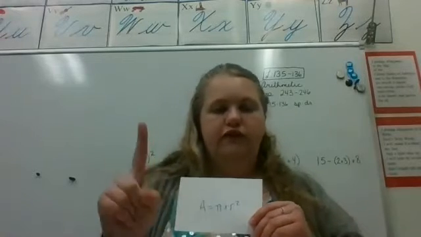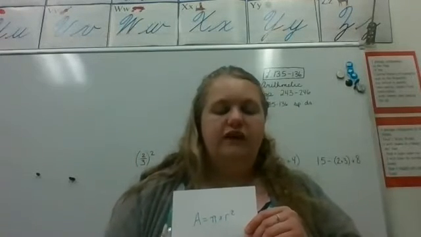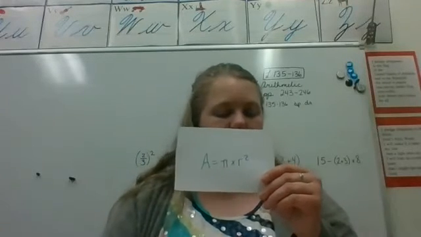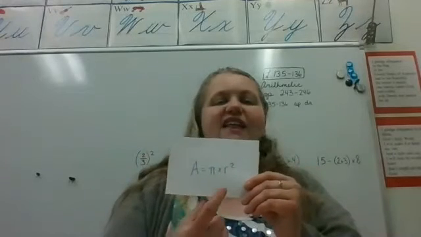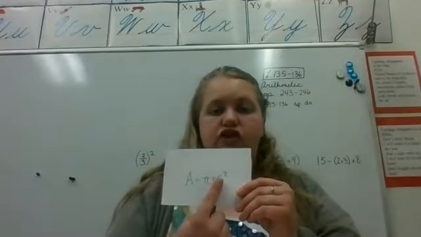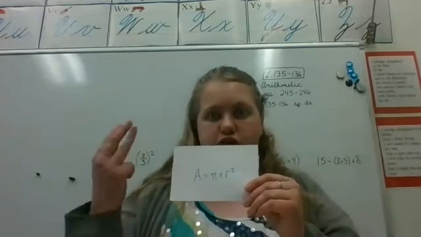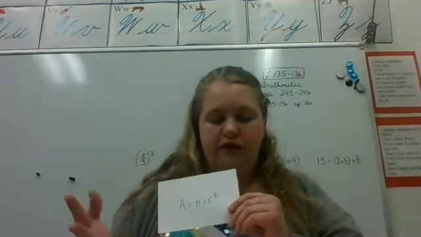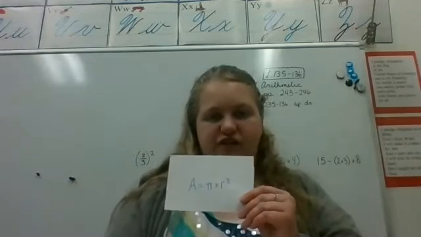First of all, the very first thing, if you're looking at the top of your page, it says simplify within parentheses first. Now, there aren't any parentheses, so we don't need to worry about that. The second thing that it says is to simplify powers. There's your power, okay? So 2 squared, cubed would be to the 3rd power, or sometimes you would have a 4th power or a 5th power, and it gets more complicated as you go on.